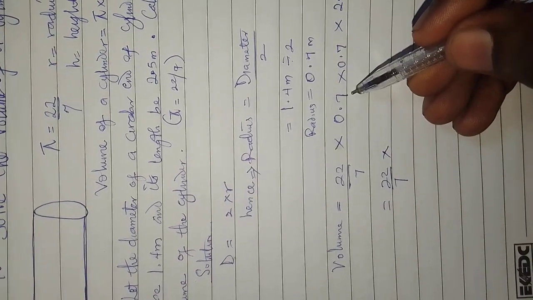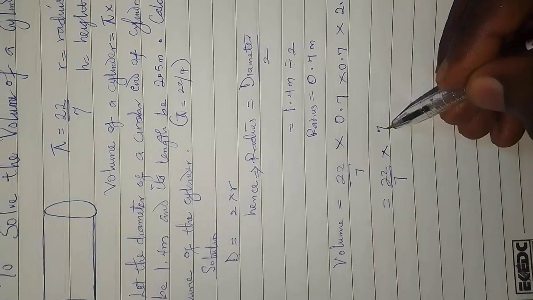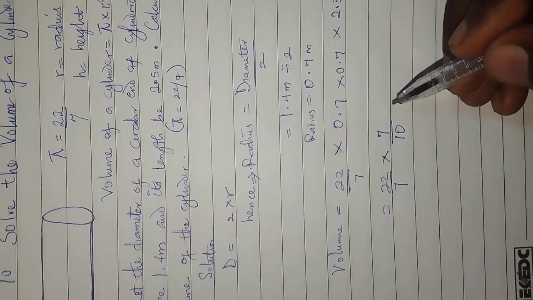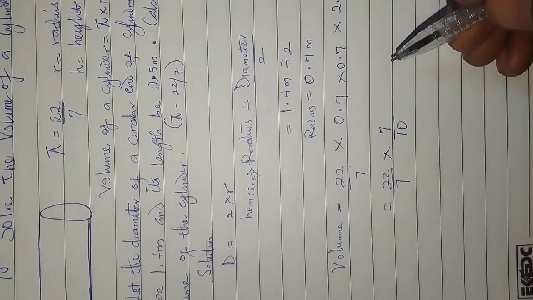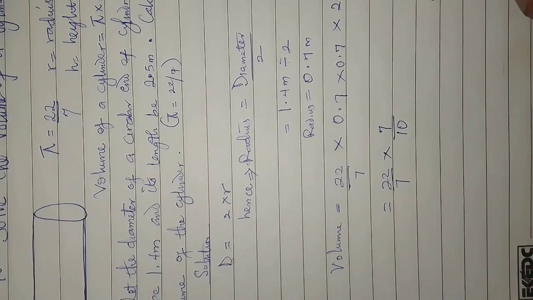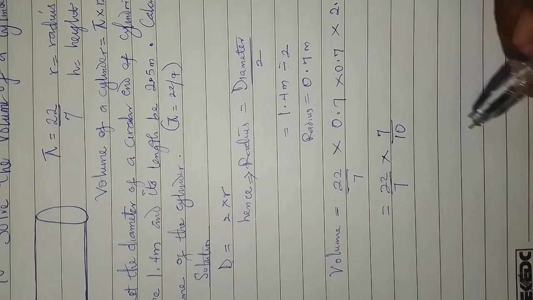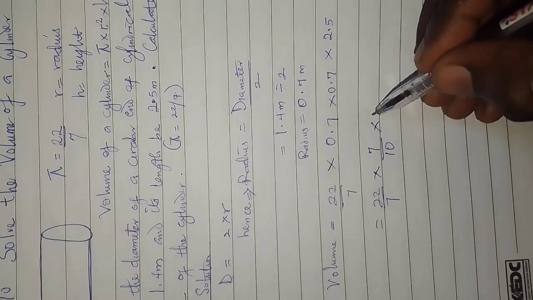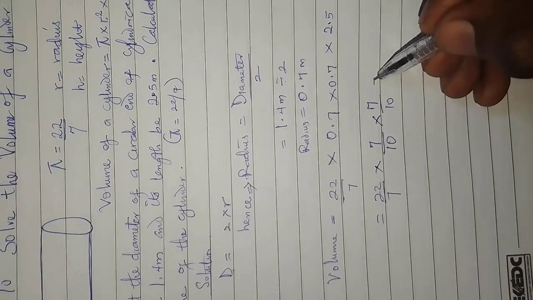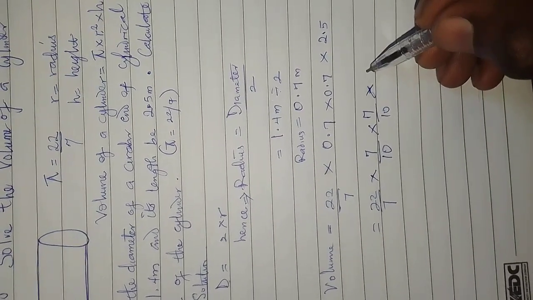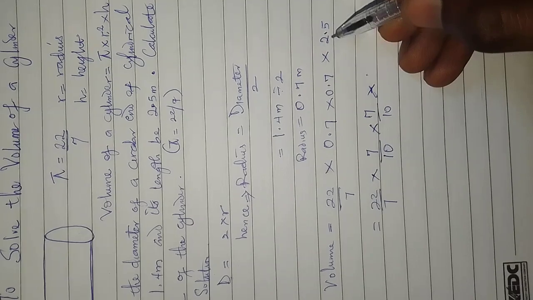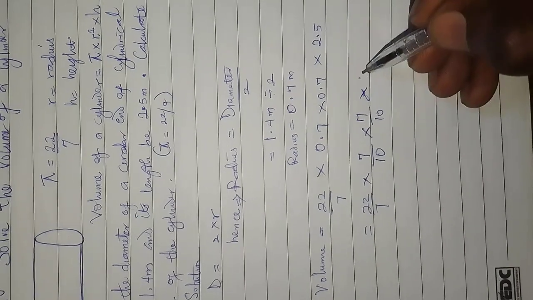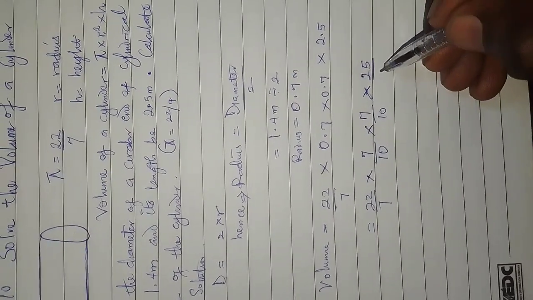multiplied by, since we have one number after the decimal point, it will become 7 over 10, the first power of 10. If we had two numbers after the decimal point, it would be over 100. So you can go and watch that video so you would understand how to change decimal into fraction, then the same thing will be applicable here. We'll have 7 over 10 multiplied by, in this case, since there wasn't any sign of 0 here, we have 2 here, so we are just going to write 25 over 10.